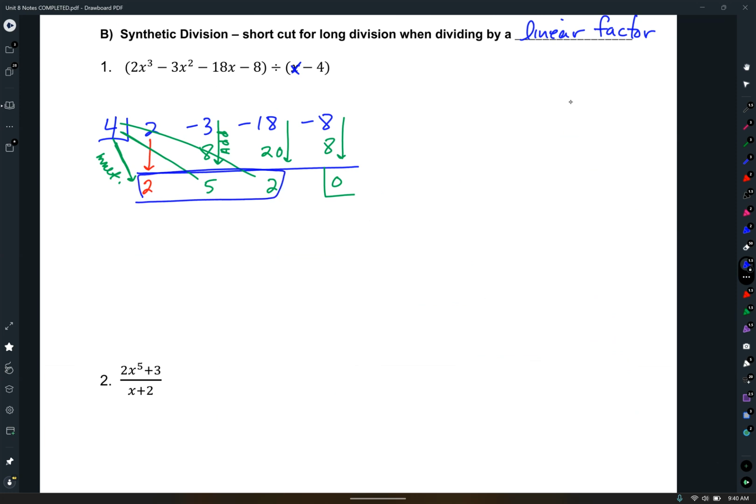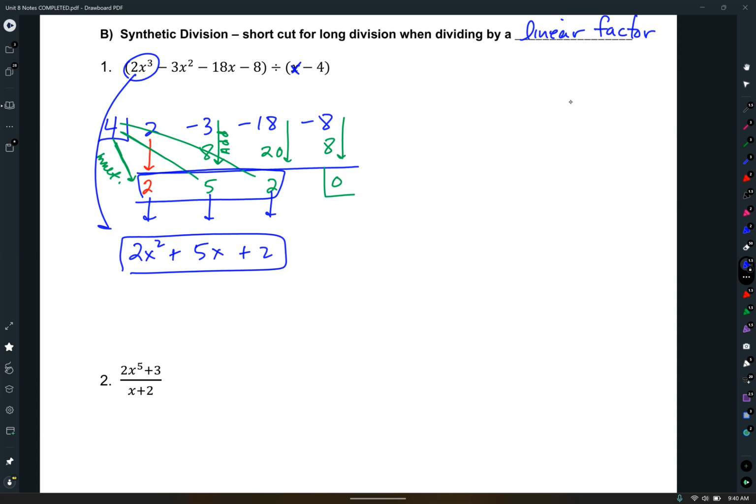So since this started with an x cubed, that's how I know my answer is going to start with 1 less than that. So my answer starts with an x squared. And so this 2 tells me I have a 2x squared. And then you work your way down. Plus, this is a 5, so plus 5x. And then plus 2. So this is my solution.